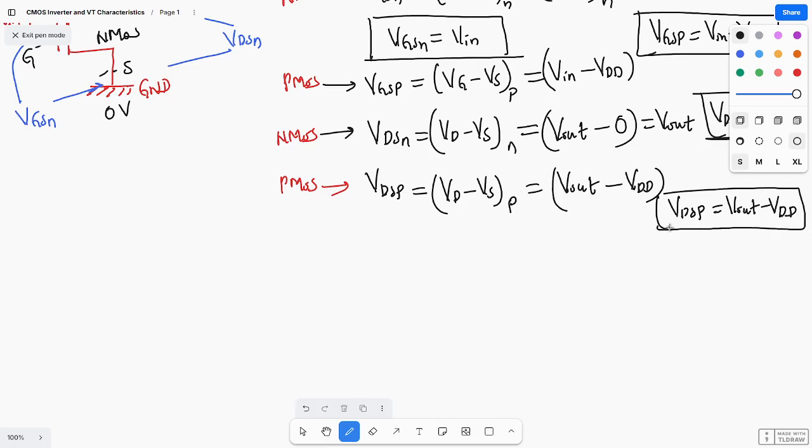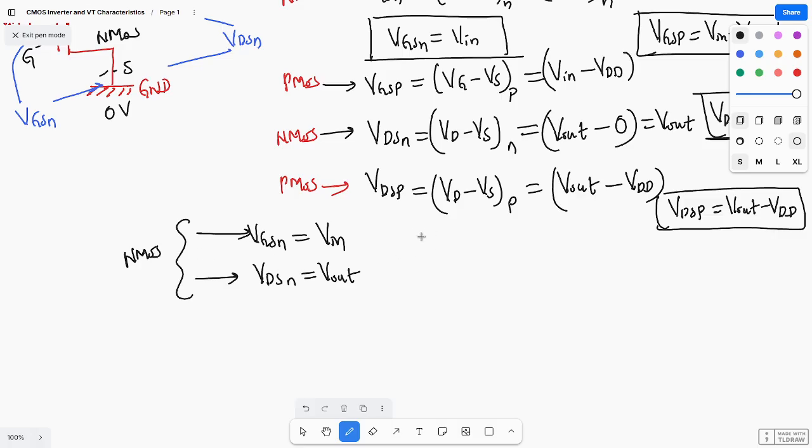So I'm writing separately. First, for NMOS: VGSN equals Vin, and VDSN equals Vout.